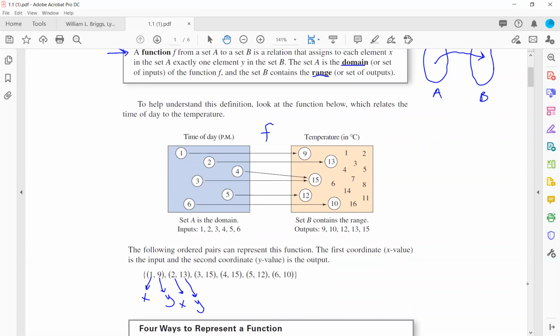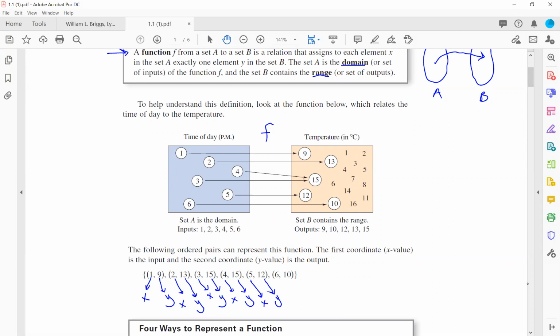This function has the point 3 and 15. X is 3, y is 15. The next point is 4 and 15. So your x value is 4, your y value is 15. We know that f takes 5 and maps it to 12, so the next point in this set is 5 and 12.